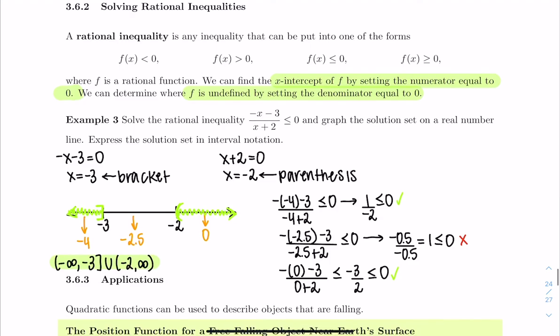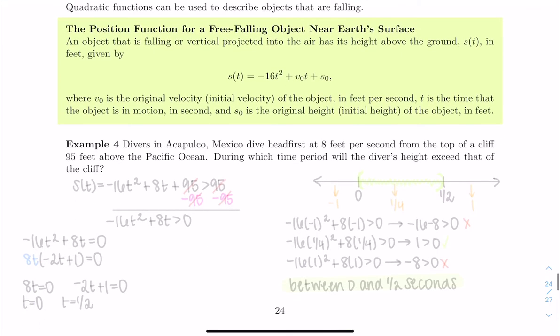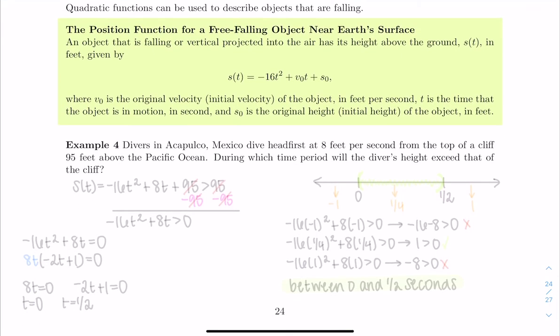And the last part is applications. So quadratic functions can be used to describe objects that are falling. The position function for a free-falling object near Earth's surface can be given by the following.